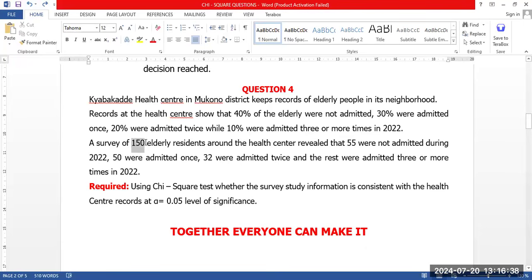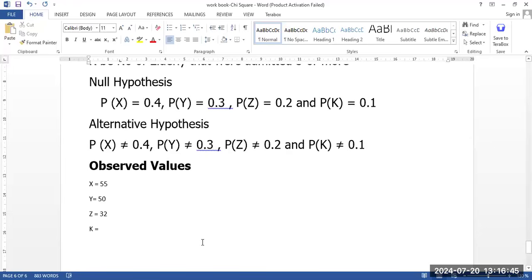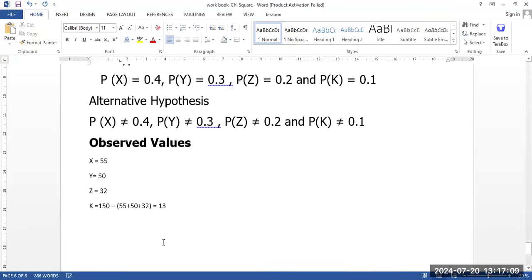Remember, the survey is 150, so to get the rest, you just take 150 minus 55 plus 50 plus 32. What do you get? 13. Right. So from that you can get expected values.